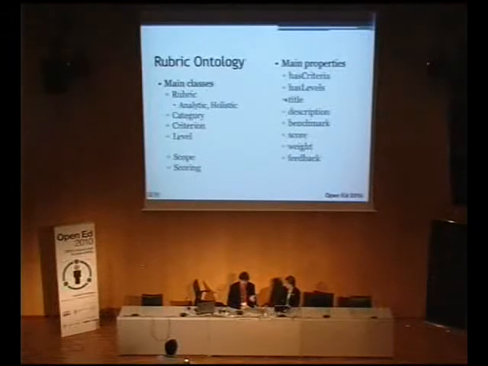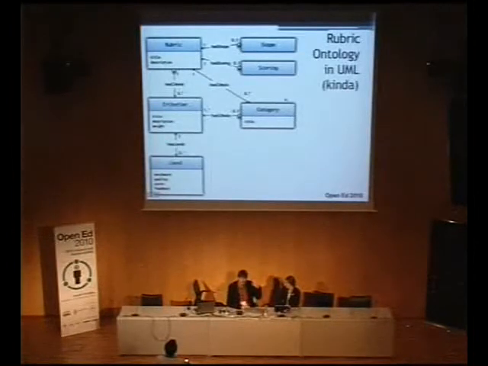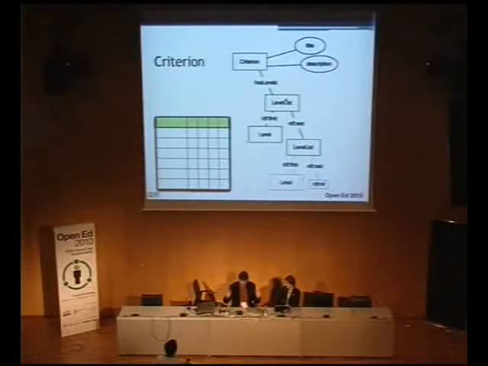So if you're more interested in implementing this, talk to me or take a look at the slides or the paper. Some back of the envelope UML. I'm not a UML purist, so I know I've broken several laws in producing this chart, but it's a great way to communicate how I'm thinking about relationships. So if you're curious about how this works, take a look at the chart. But we'll go on to criteria.